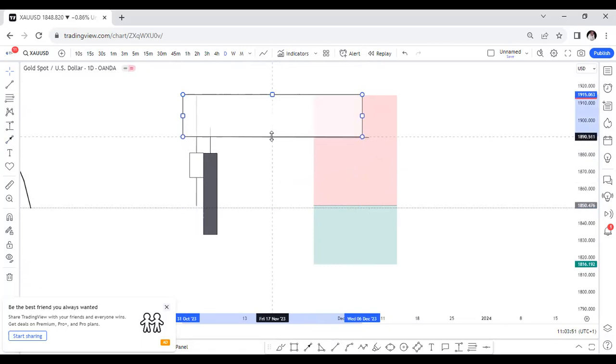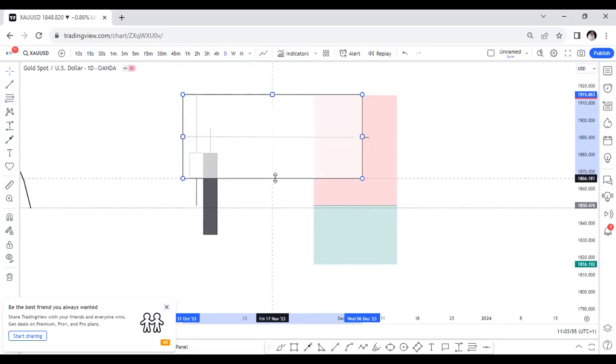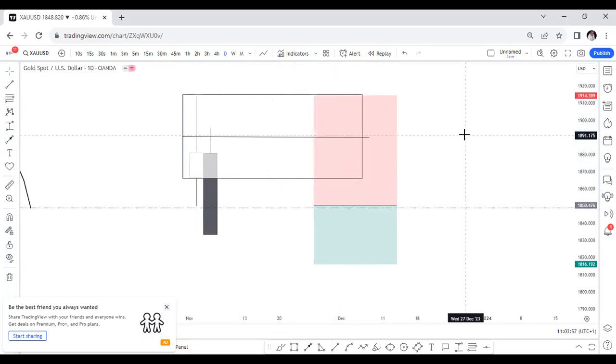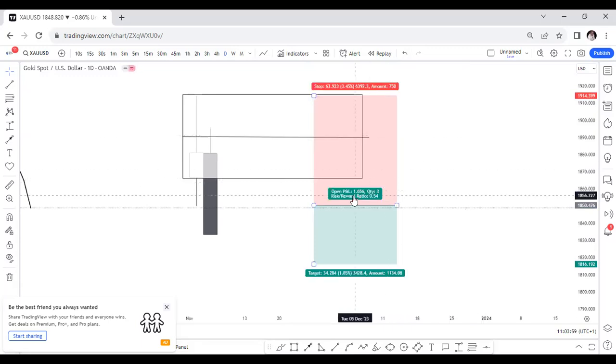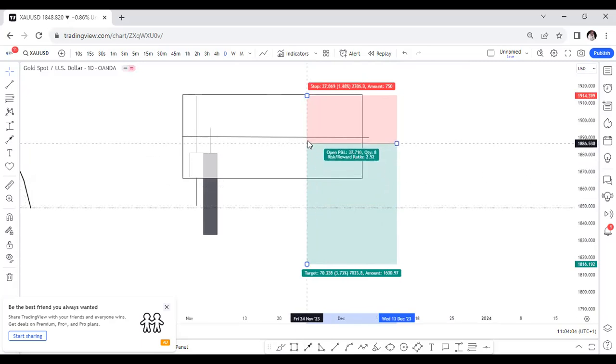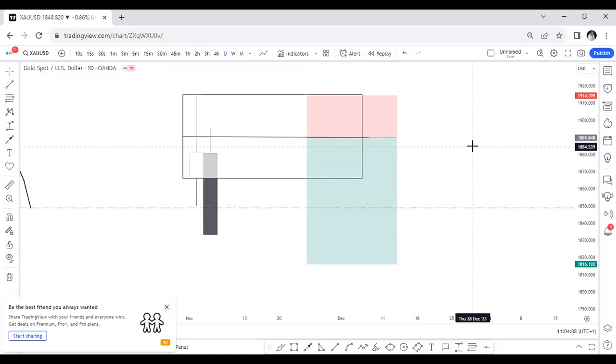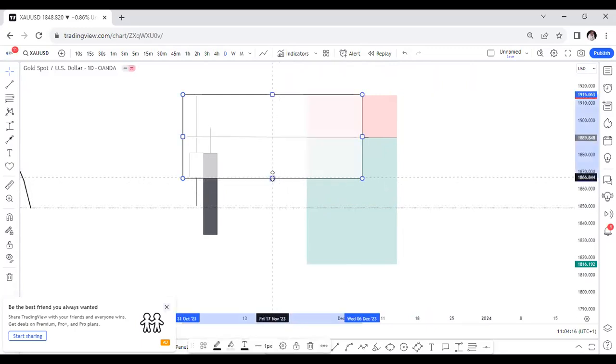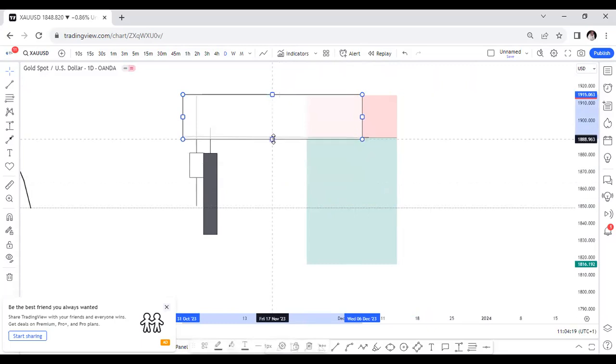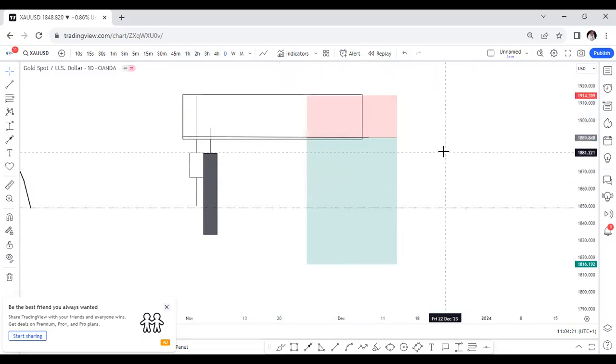But in some cases, price may not get to that place. What do you do? If you don't want to use the low, you can also refine the chart. It depends on the time frame you are using. If you are using a higher time frame, you can refine lower.